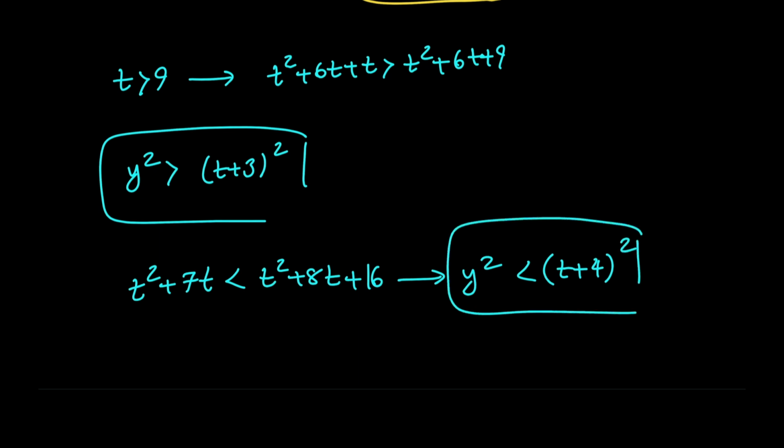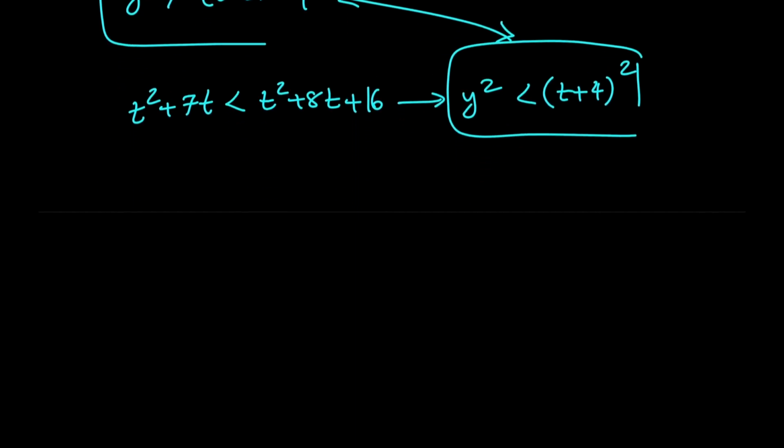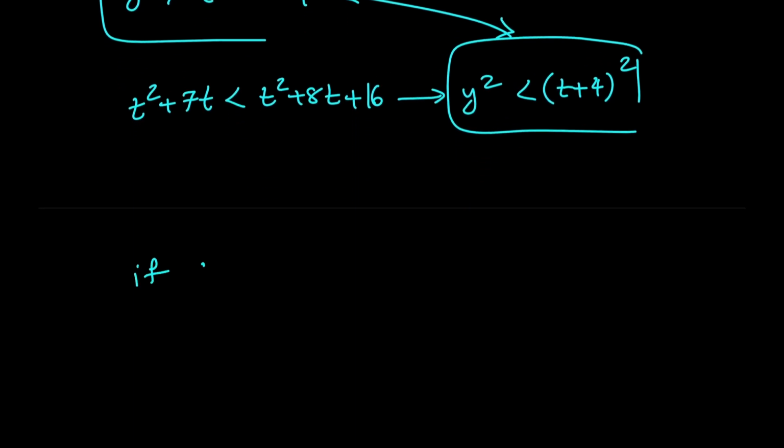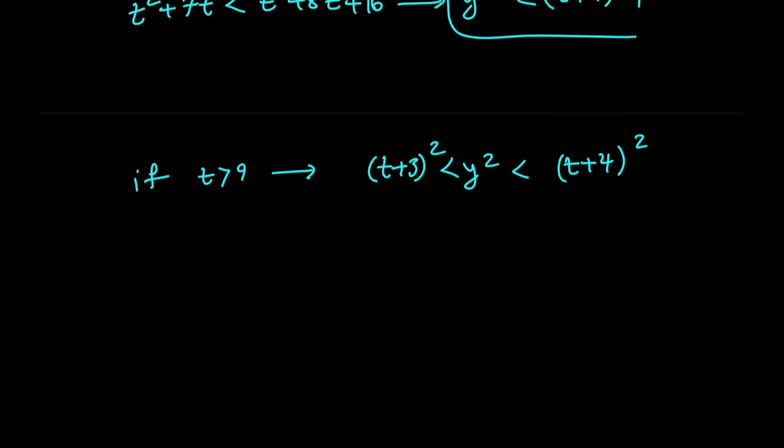Great. So let's put these two together. If t is greater than 9, y squared lies between (t plus 3) squared and (t plus 4) squared. Cool.